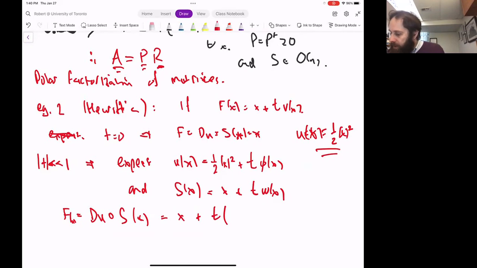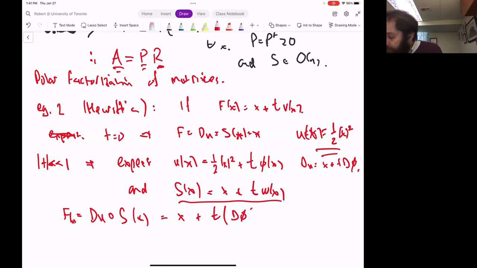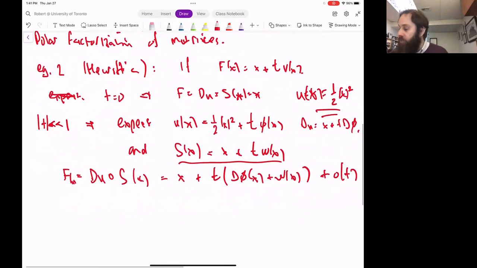Well, the gradient of U here is the identity map plus t gradient of phi. And when I compose that with S, I get a gradient of phi, and I get a W, and then I get higher order terms. They would be terms of order t squared if everything was analytic.